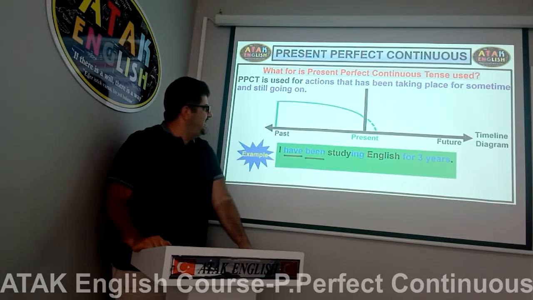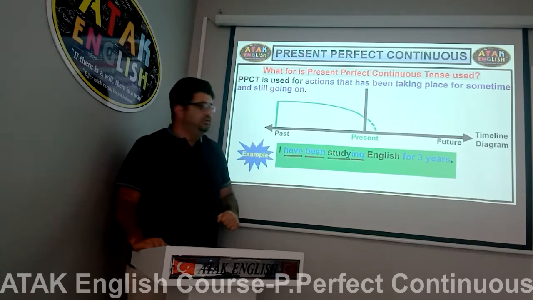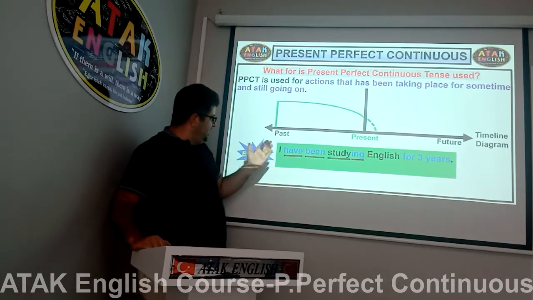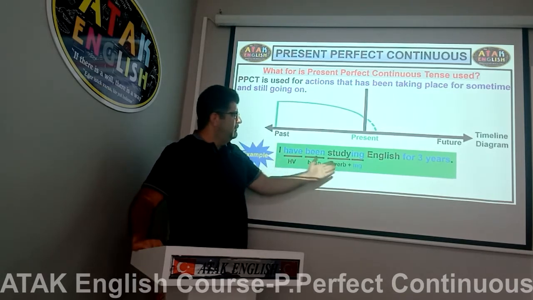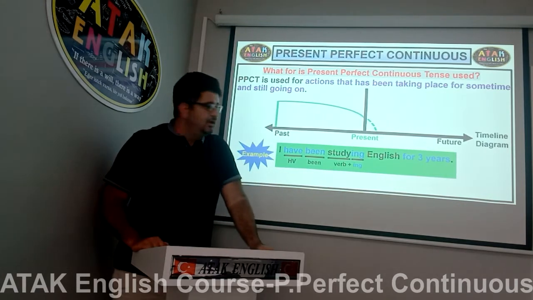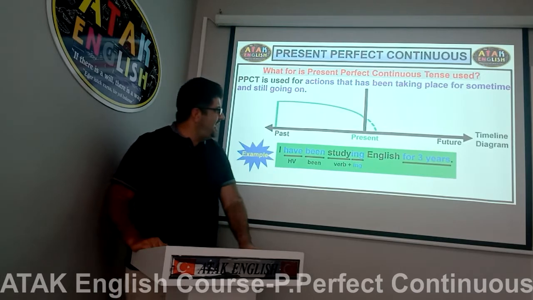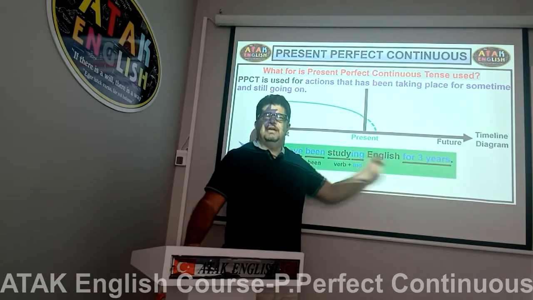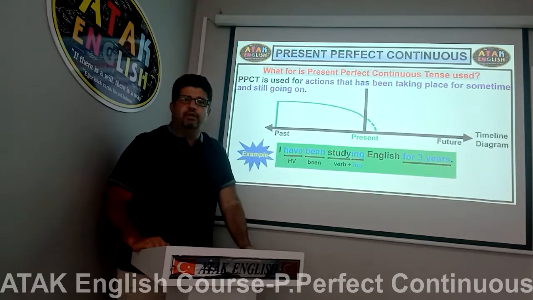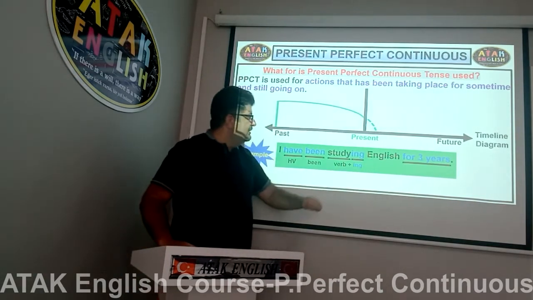How do I understand that this sentence is made in present perfect continuous? Okay, there you go. Helping verb, have been, verb ing. What else? Number 2, I understand that this sentence is made with the time expression for 3 years. That's a period.